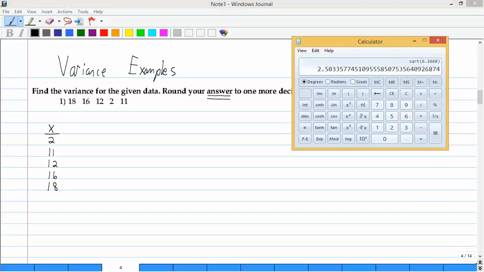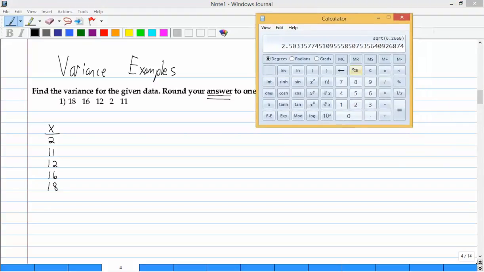So we need to figure out X bar, the mean. Alright, so when we sum up all the data items, we get 59. We divide that by 5, we get 11.8.